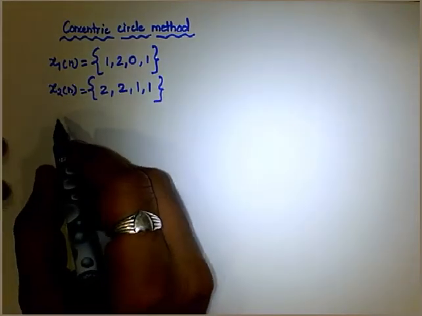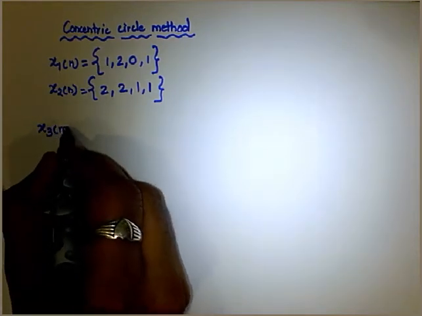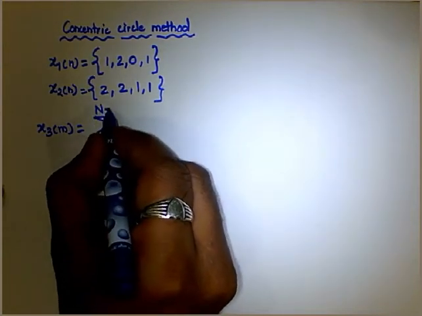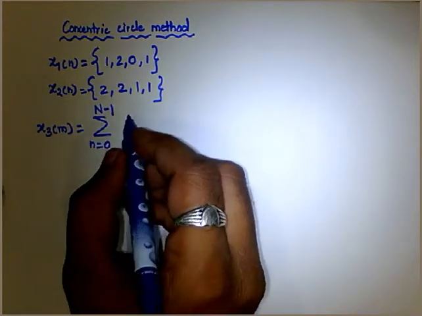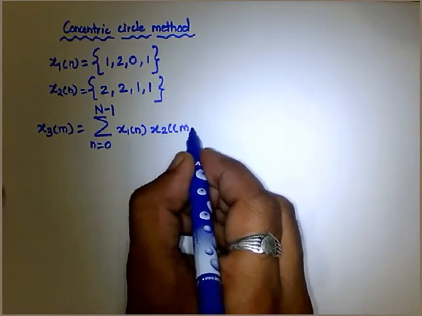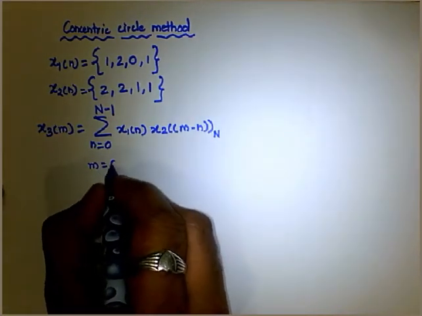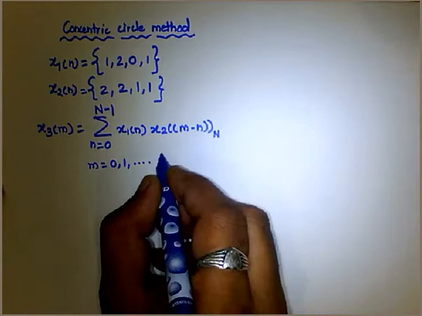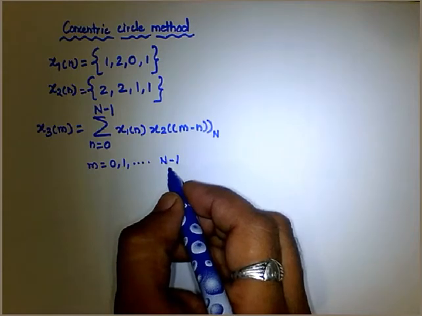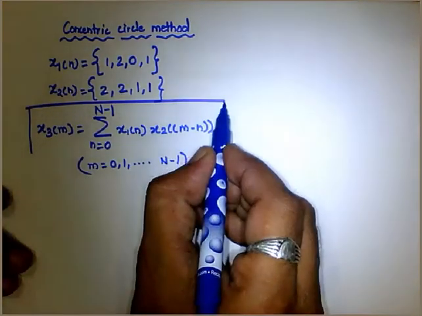So obviously here we need to find out the circular convolution between these two sequences, which will result in x3 of m is equal to summation, n from 0 to N minus 1, x1 of n into x2 of (m minus n) mod N, where the range of m is 0, 1 till N minus 1. This is the simple formula for calculating the circular convolution.